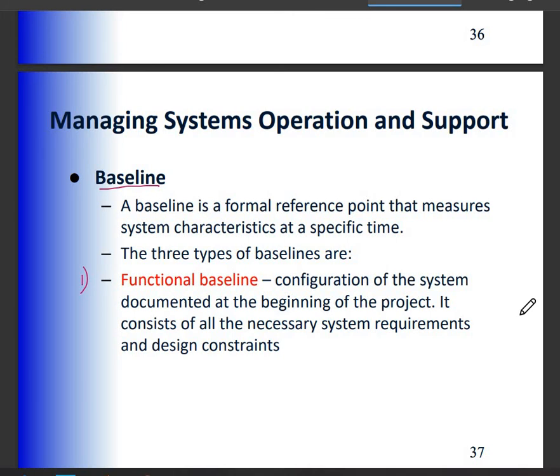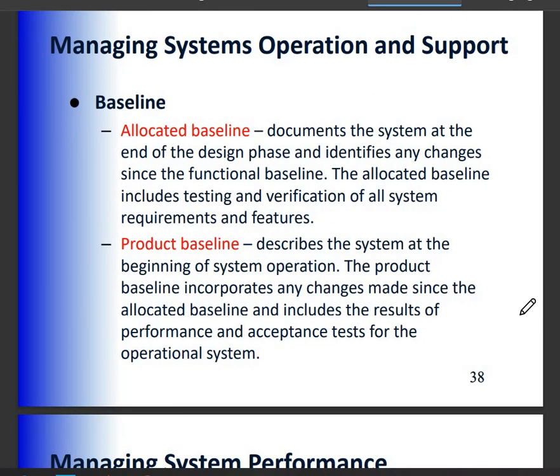Selain daripada functional, kita ada juga allocated dan product baseline. Untuk allocated, it will document the system at the end of design phase and identifies any changes since the functional baseline. The allocated baseline includes testing and verification of all system requirements and features.